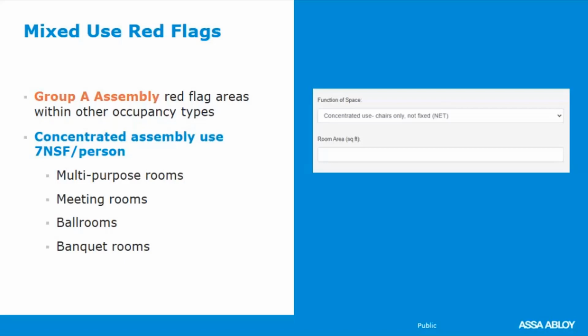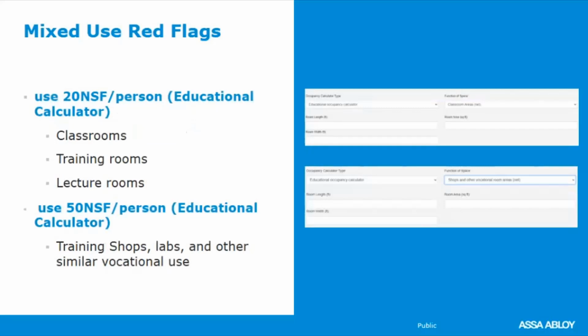No matter what type of occupancy these belong in, if you have 50 or more people, it becomes assembly, and you have to follow the hardware requirements for the more restrictive, the more risky occupancy, which is assembly, unless you have separation. The two more that you would use the educational calculator tab for, because of the function of space, calculating at 20 net square foot per person, would be classrooms, training rooms, and lecture rooms. They're all very similar type spaces.